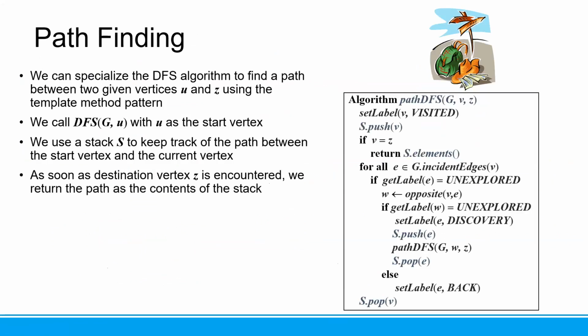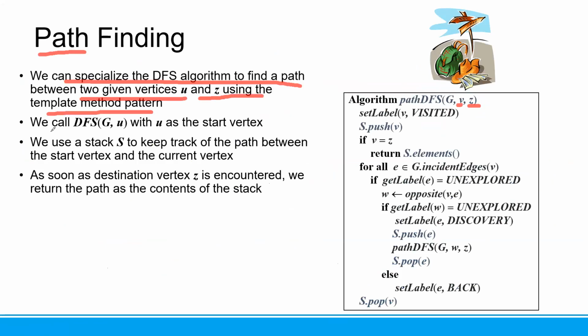We can use this DFS for path finding. You know path? We want to find a path or a traversal from u to z. We can specialize the DFS algorithm to find a path between two given vertices u and z using the template method pattern.